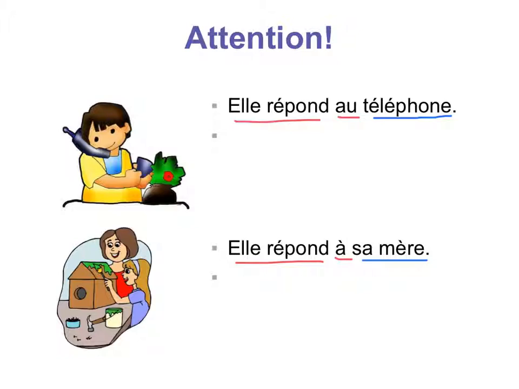So remember, it's going to be different whether you've got à plus a person or à plus an object. So for this first one, since it's an object, we can use y. Elle y répond. This second one, because it's a person, we're going to have to use an indirect object. Her mom, her, so elle lui répond.